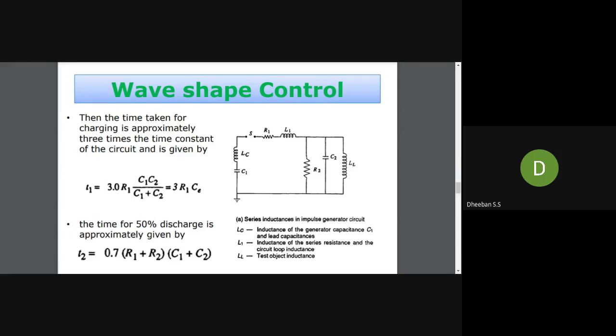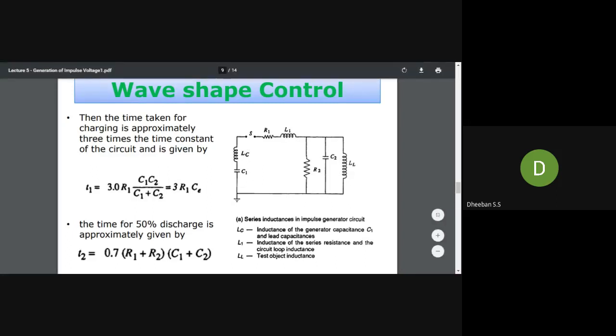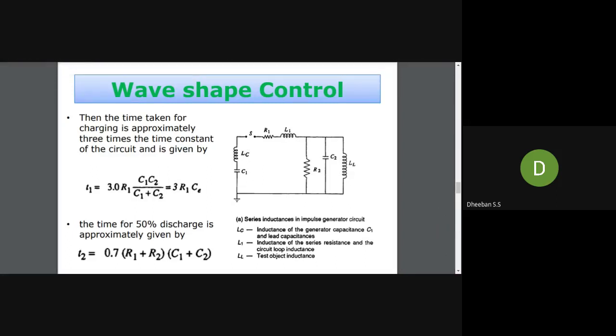This circuit is more or less similar to the previous circuit, but the difference is that here three inductances are added. Generally, through the value of the inductance, it is possible to limit or increase the wave shape of the impulse voltage.